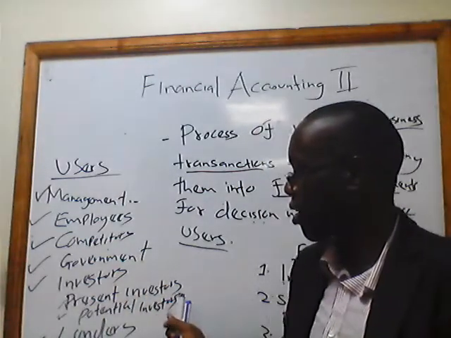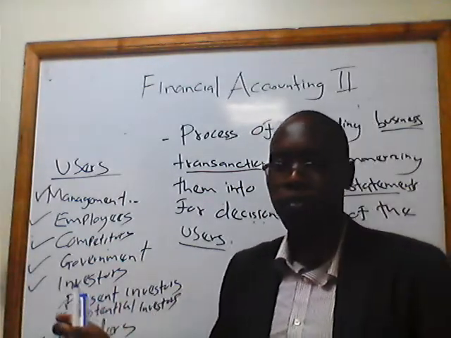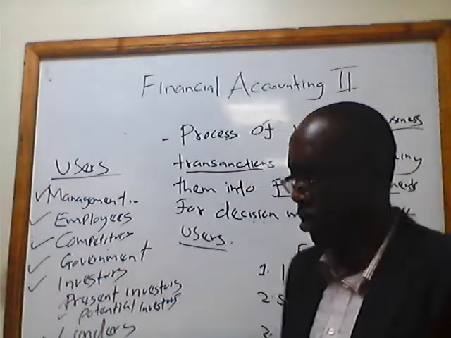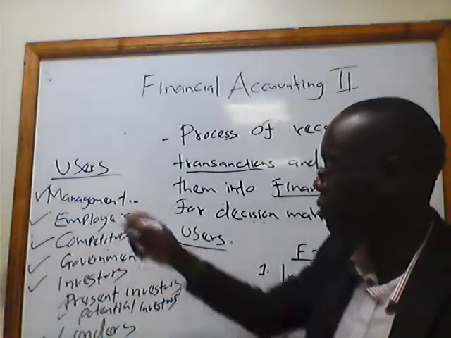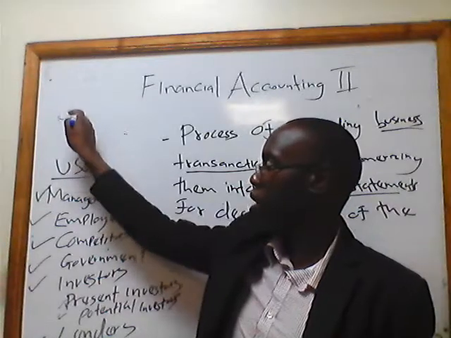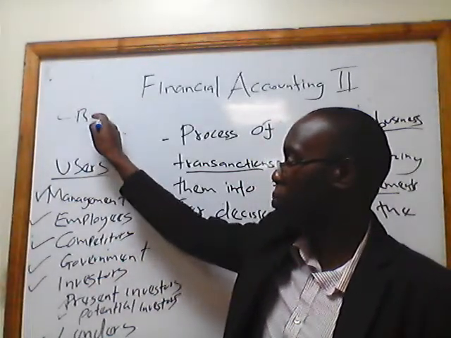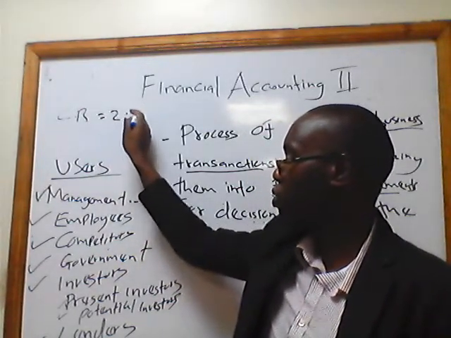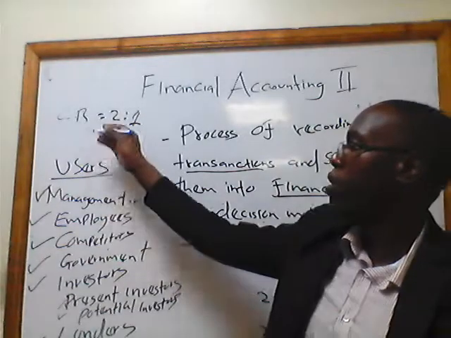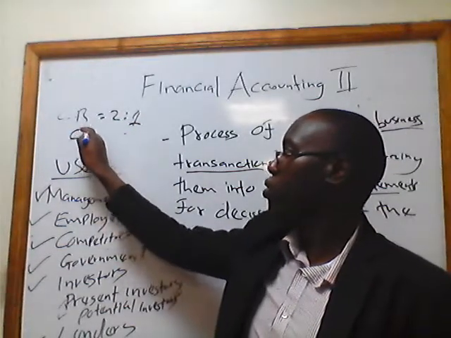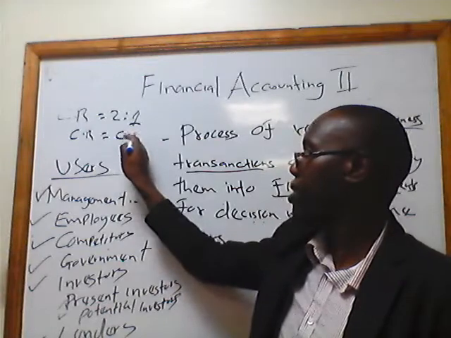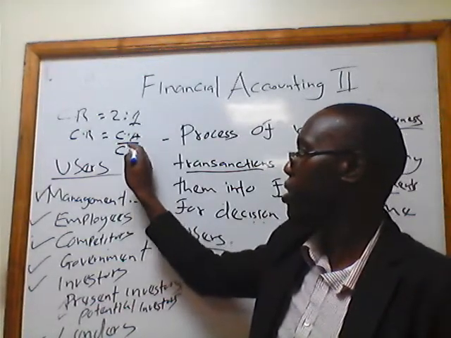They are going to check the current ratio, which we are going to discuss later on. The recommended standard of the current ratio is supposed to be 2:1. The current ratio is usually given by current assets divided by current liabilities.